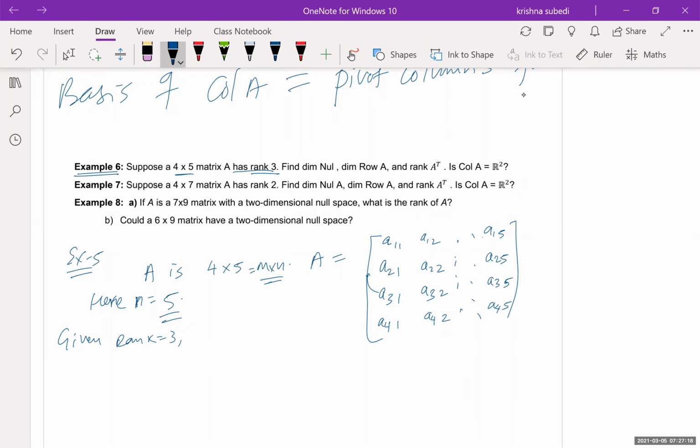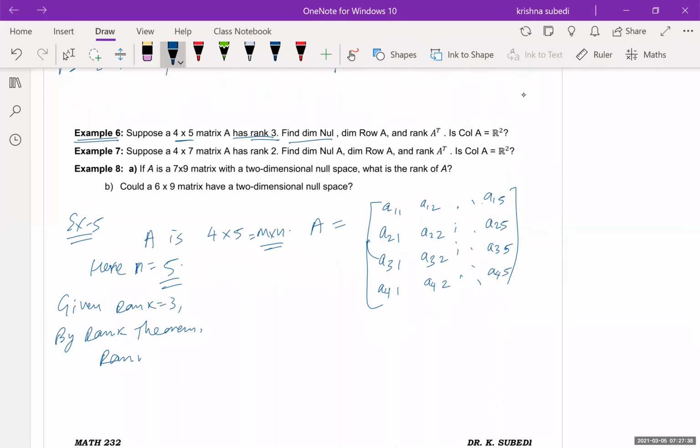Now it has rank 3, so given rank equals 3, we need to find the dimension of null A. Okay, so we know the formula. By the rank theorem, we know that rank of A plus dimension of null space of A equals n.